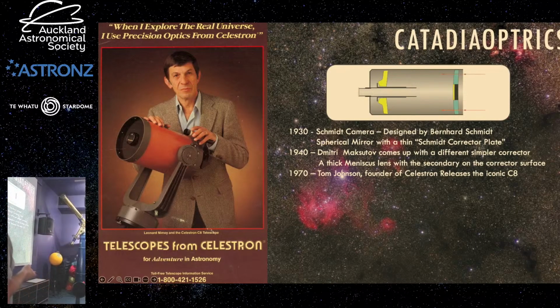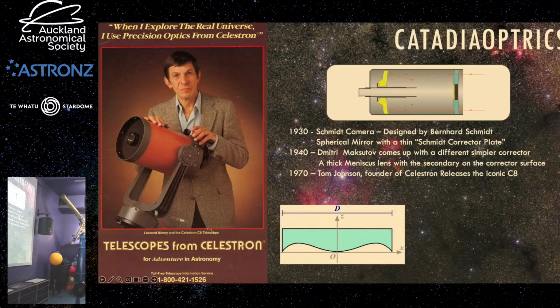It was first developed in 1930 by Bernhard Schmidt. He created the Schmidt camera, and essentially it uses a spherical mirror with what has become known as a Schmidt corrector plate. Really that's a special kind of lens, a very weak lens with a particular figure on it. That's what a Schmidt corrector plate looks like in figure, super, super exaggerated.